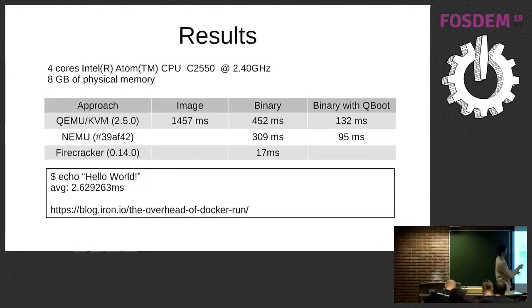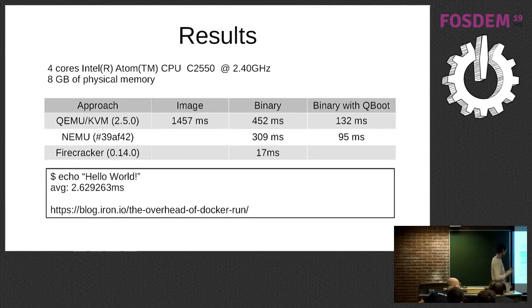Then you have NEMU, where you see a difference of 152 milliseconds from QEMU. I don't know why. And this is really interesting, what you get by using Firecracker, because it only takes 27 milliseconds to start executing my kernel.